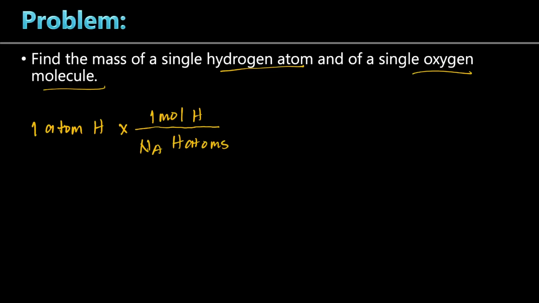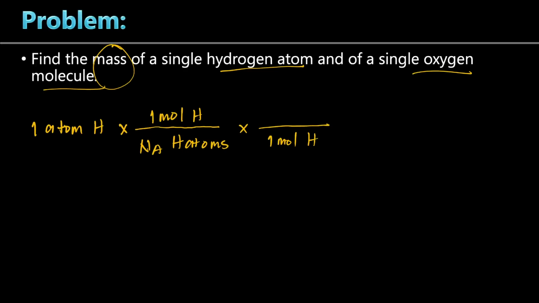So dahil dyan, magka-cancel na yung number of atoms at ang matitira yung nasa numerator, which is the number of moles. However, hindi natin gusto malaman yung number of moles. Gusto nating malaman is yung mass. Kaya, ano ang sunod nating pang-multiply? Ang sunod mong pang-multiply is yung molar mass. Okay? Para makuha mo yung mass. And we know that 1 mole of hydrogen is how many grams? Okay, 1 gram yon.